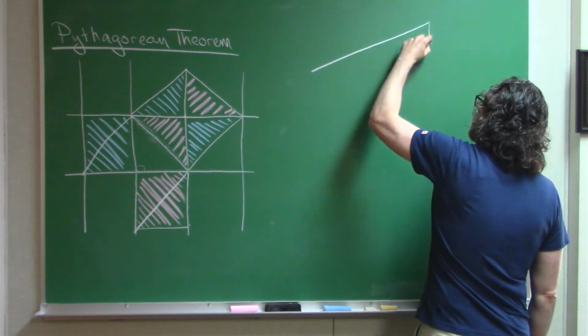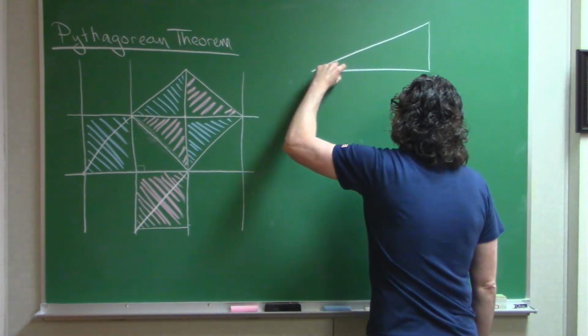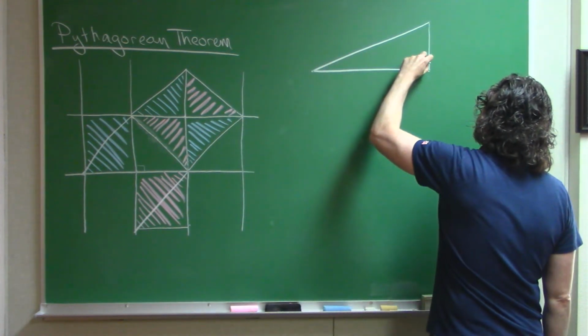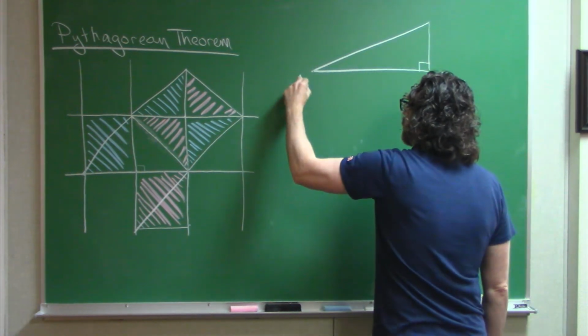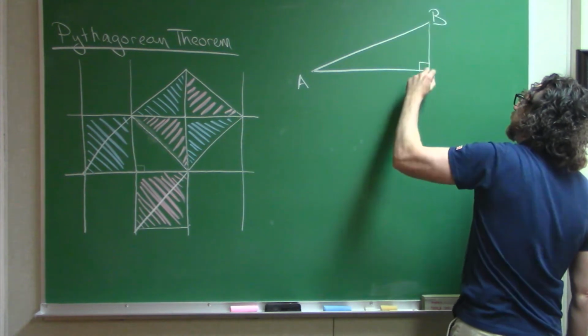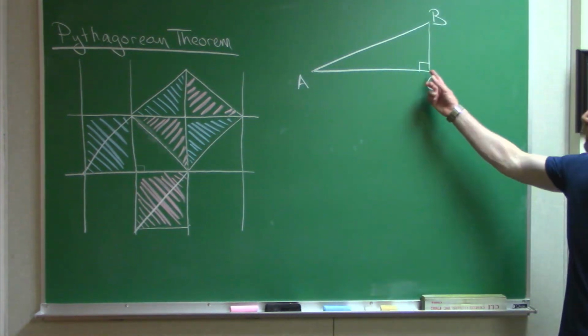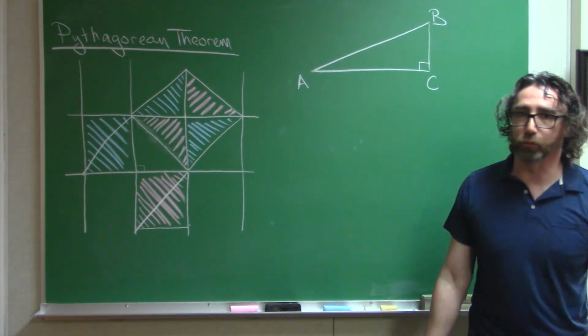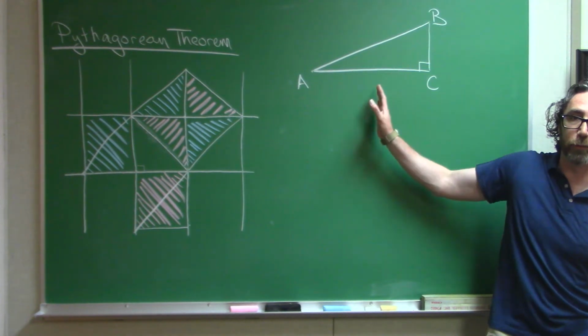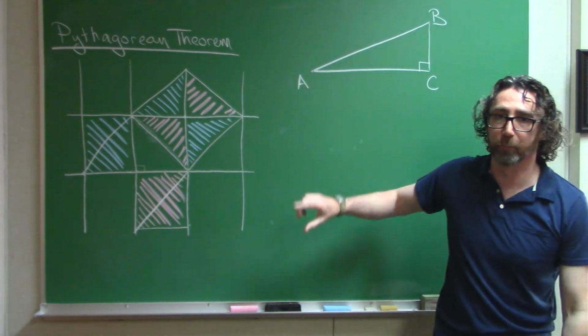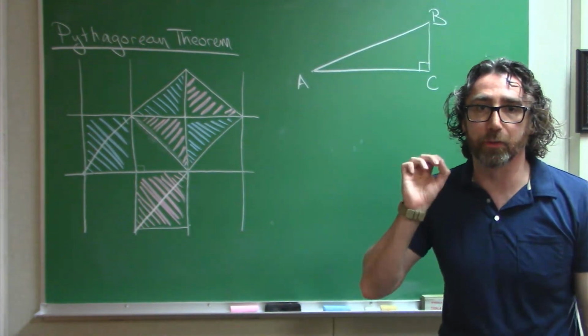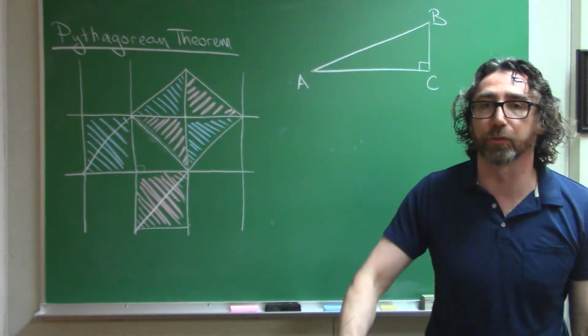So that we have it in our notes, let's write out what it is here. If we have a right triangle ABC where angle C is right, now this is a convention that we're going to be following the entire course. Capital letters will denote angles.